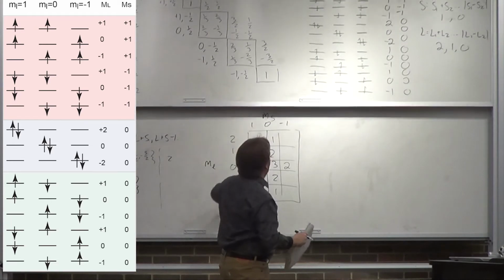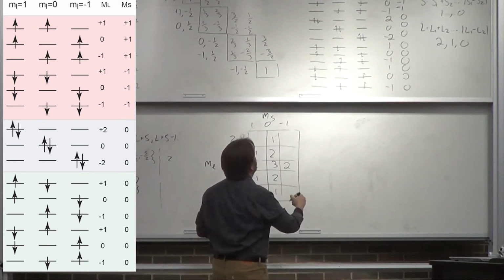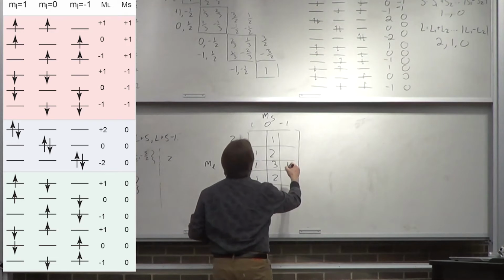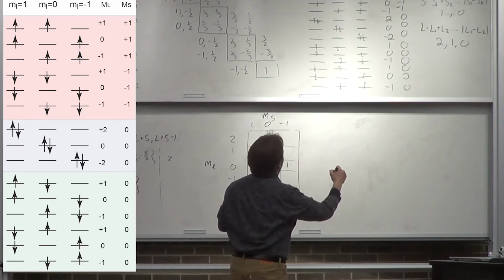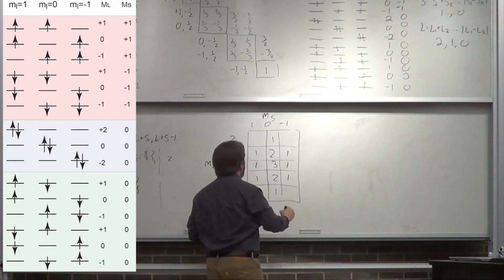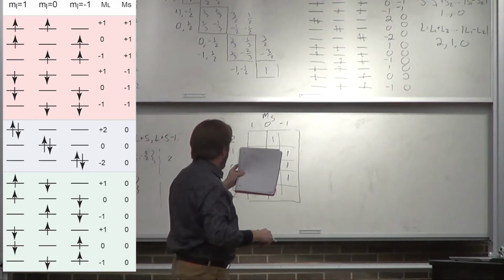I've only got 1, 0, 1. Okay. And I've got only one example of 0, minus 1. Why the hell did I write a 2 there? Okay, what about 1 minus 1? Only one example. Okay. Anyway, sorry. Forgot the little minus signs. Anyway, so is that table right?